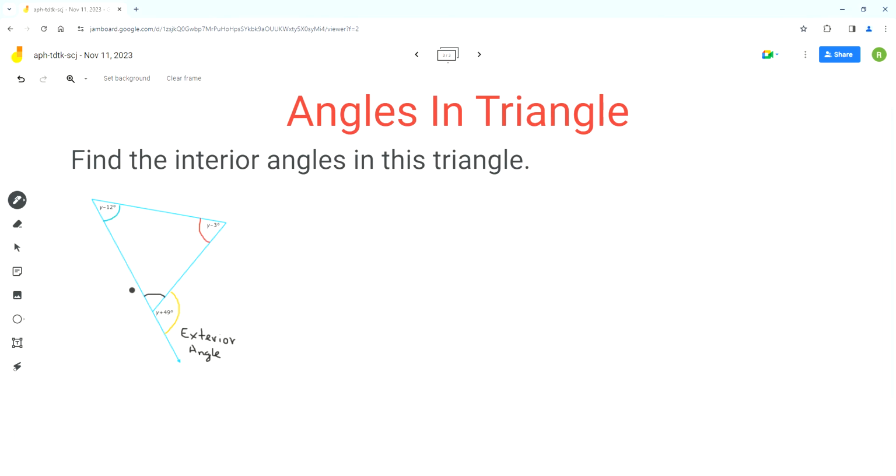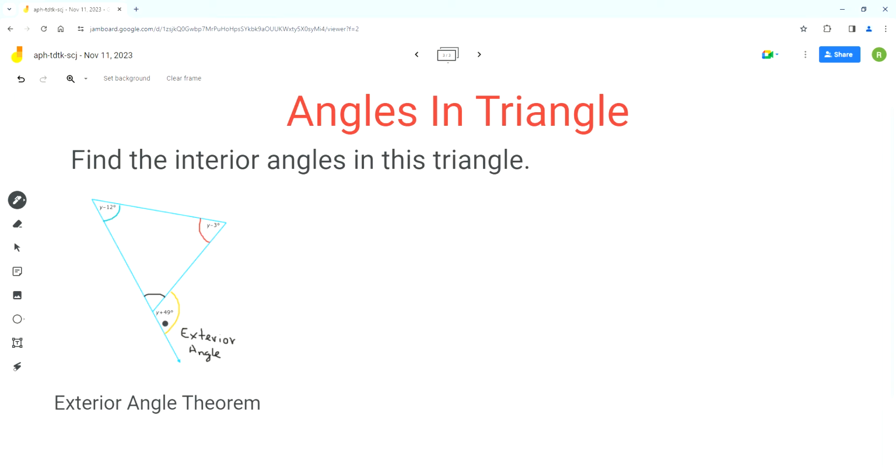Now for this we'll have to use the exterior angle theorem for triangle. So it's called exterior angle theorem. Now, as per this theorem, the exterior angle of a triangle is equal to the sum of the opposite interior angles in this triangle.